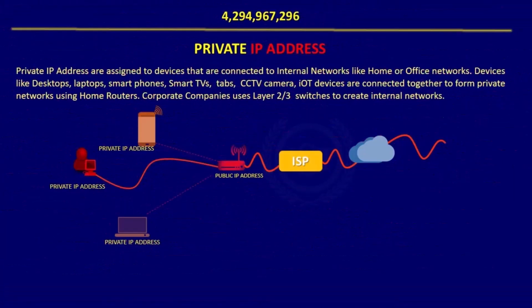As already discussed, private IP addresses are assigned to devices that are connected to internal or private networks, like your home or office networks. The devices could be like those listed over here on the screen: a smartphone, a desktop with a Cat5 cable connected from a router, a laptop wirelessly connected, and so on.